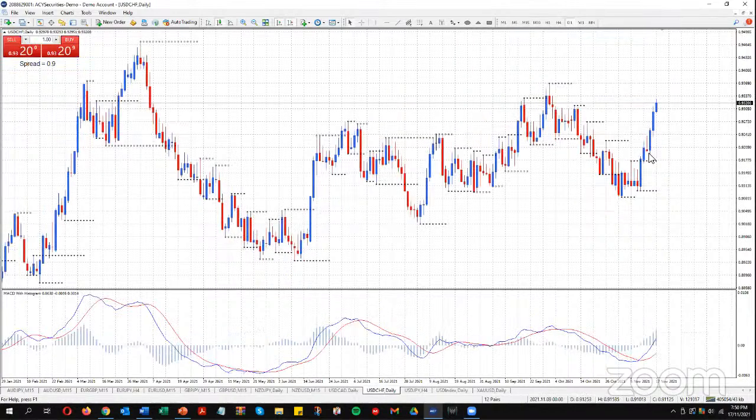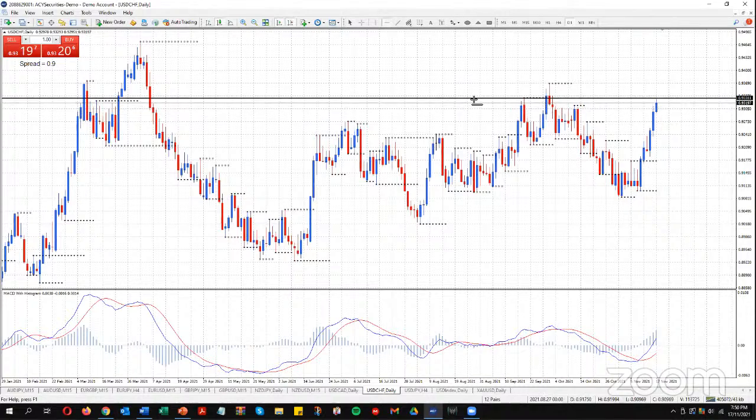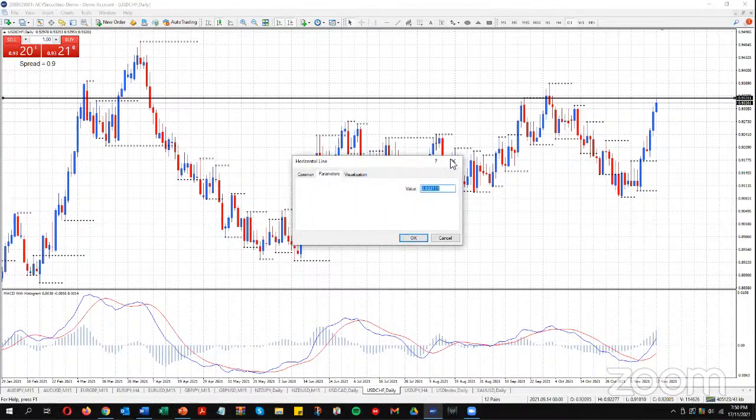Dollar franc, it's coming up to a number of areas of resistance at the moment. So if it starts to fail, in line with that failure that we're seeing on the dollar index, that level's at 93.33, then we might be seeing a reversal on some of these pairs. Time will tell.